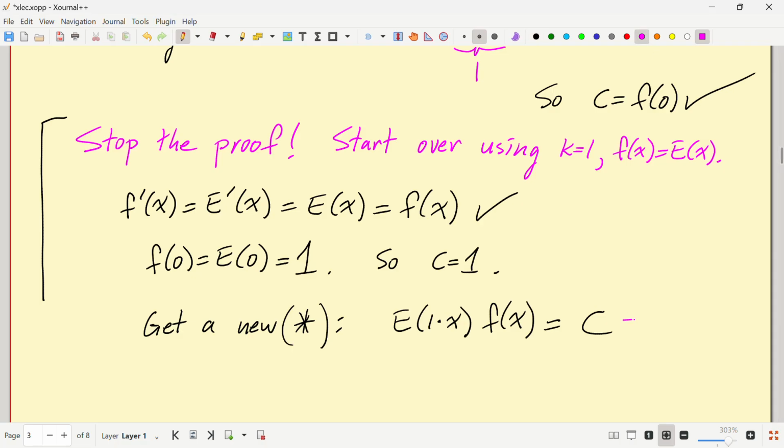So this c is 1. My f of x was e of x. Oops, the k was 1, and this is e to the minus 1 times x.